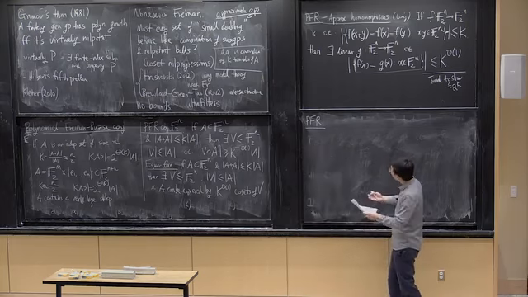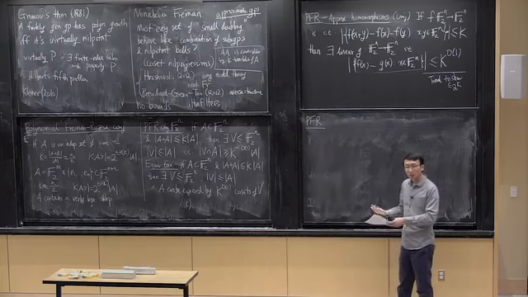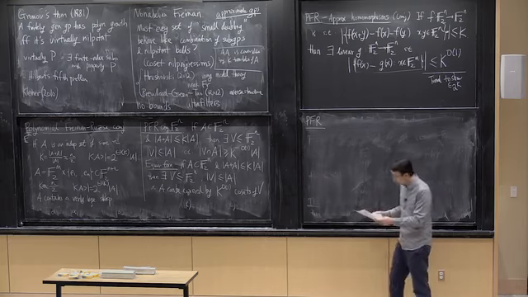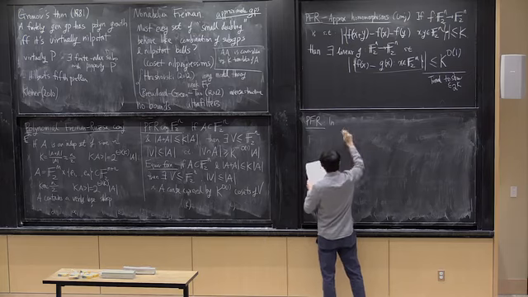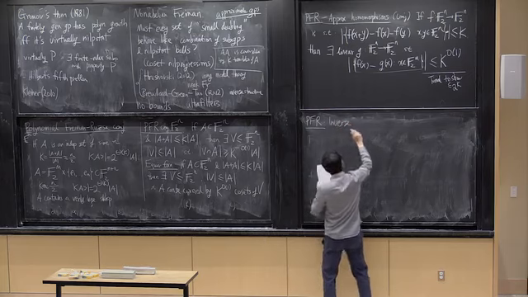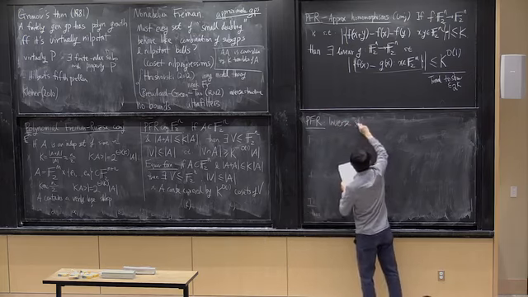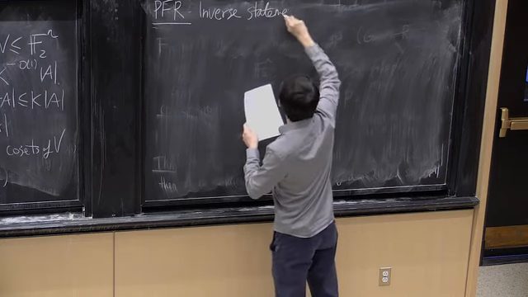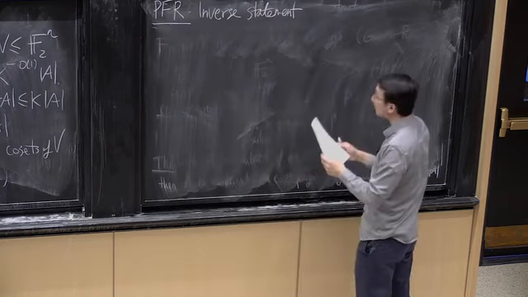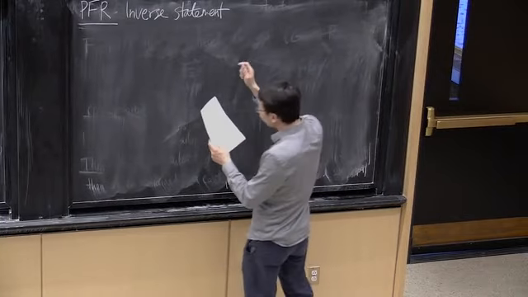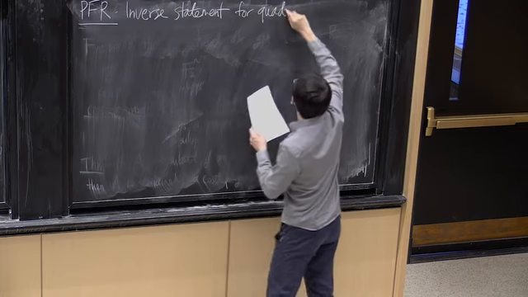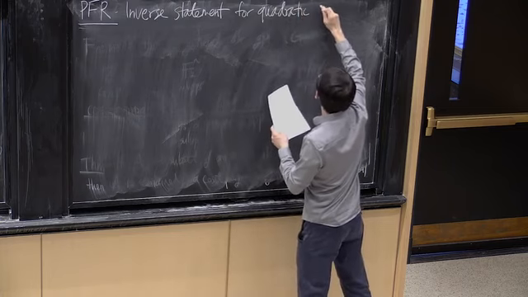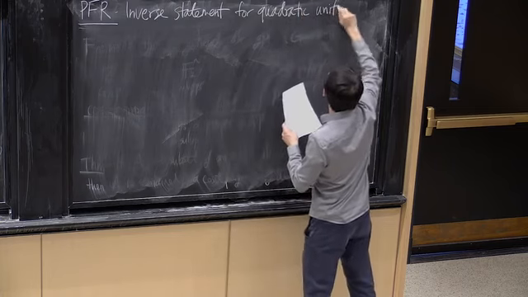We've seen some statement like this in an earlier lecture, but not precisely in this form. I won't define all the notation here, but hopefully you get a rough sense of what it's about. We want some kind of an inverse statement for what's known as the quadratic Gowers uniformity norm.